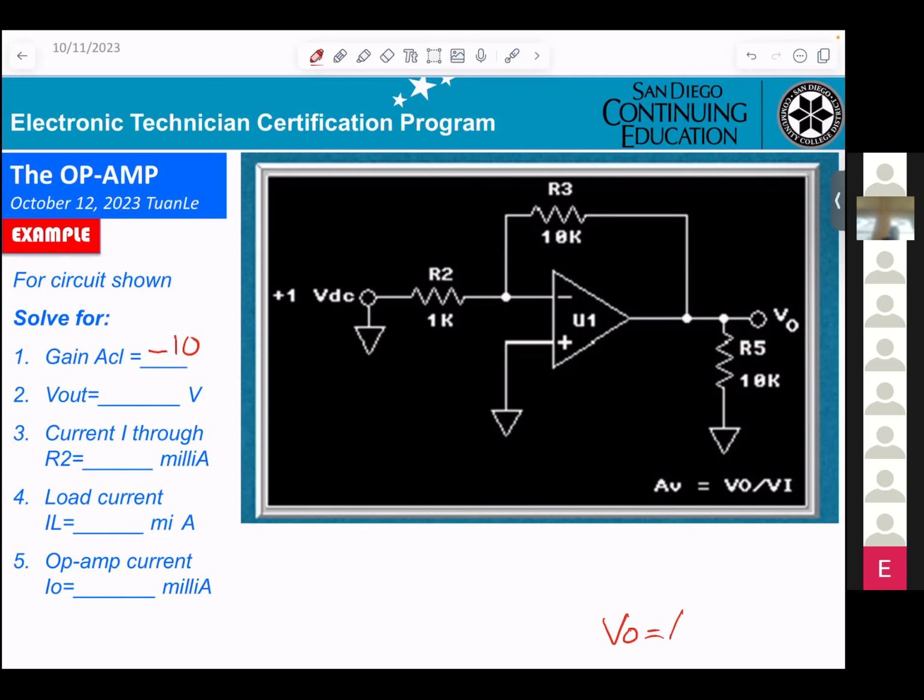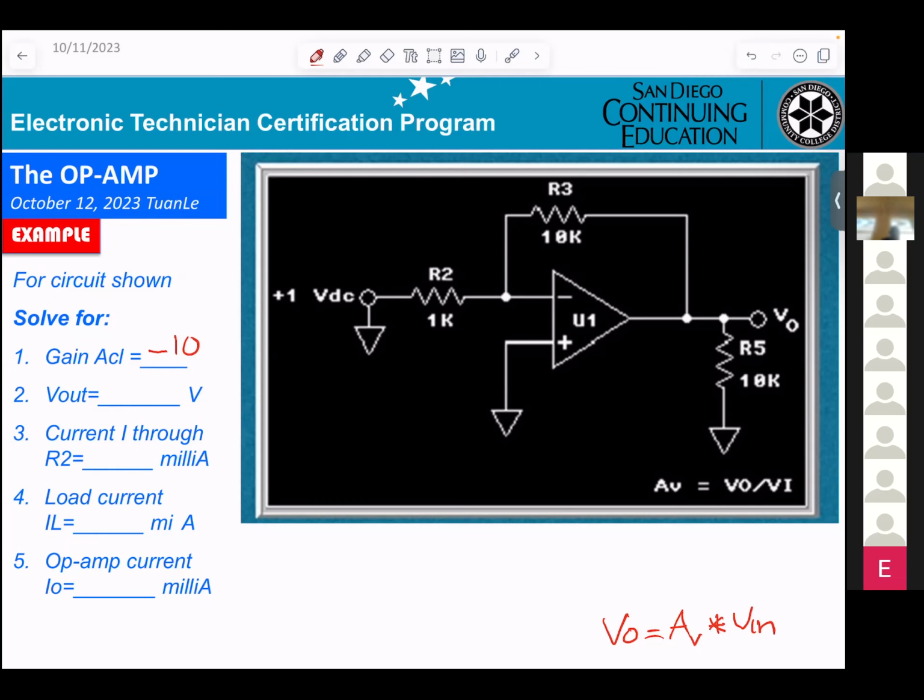What is VL? Is it 10 volts? What is the gain?